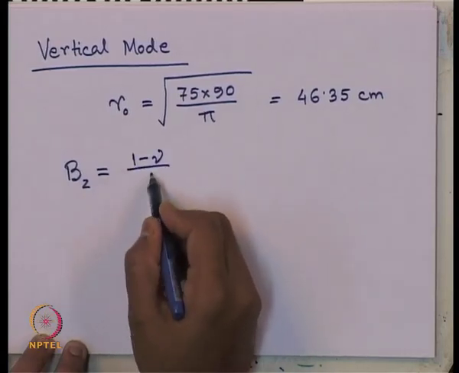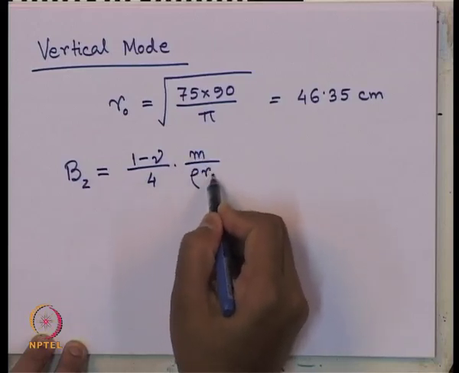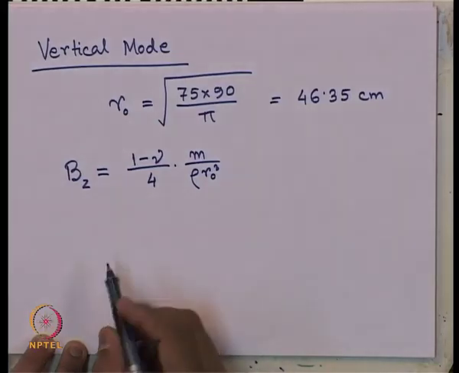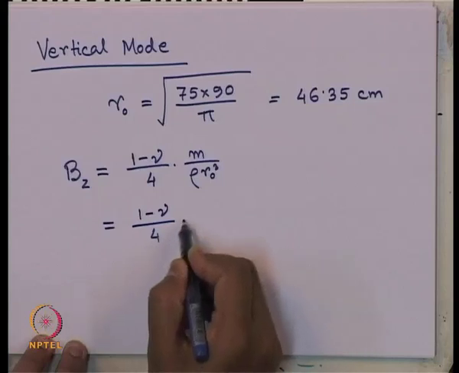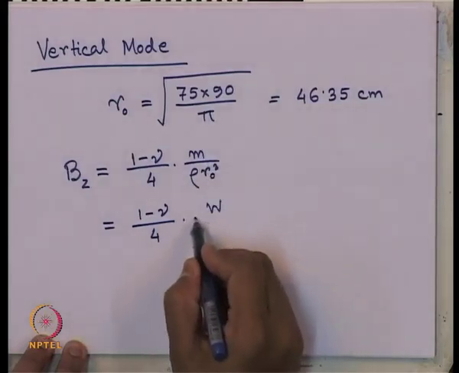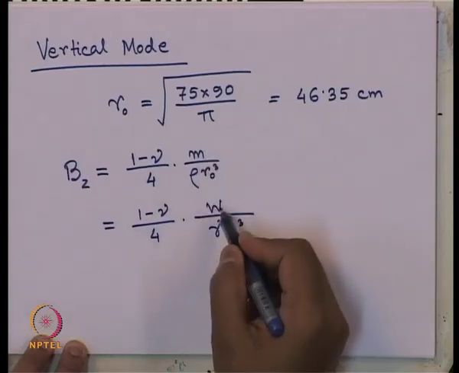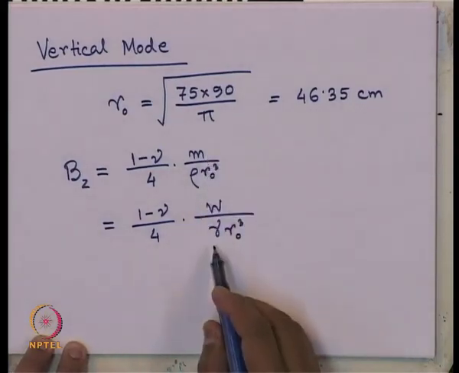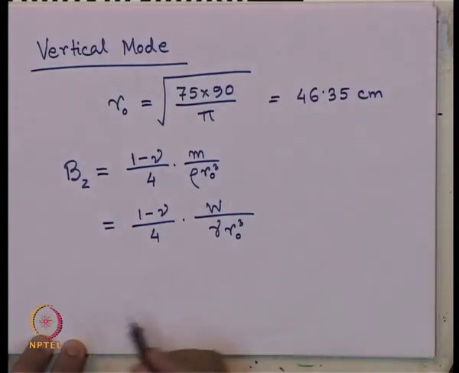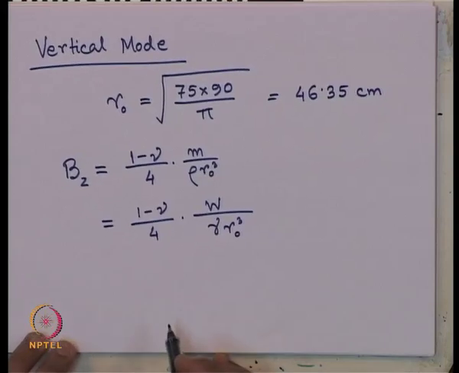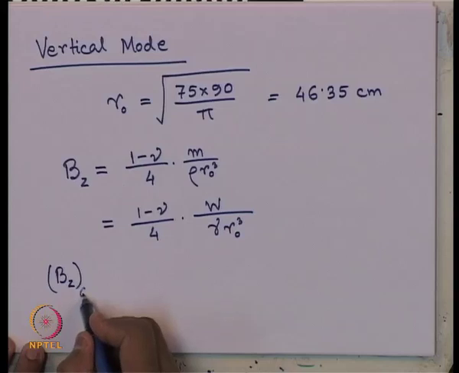The expression for Bz is given like this, which we can rewrite as: mass to weight we are multiplying by g, here also density to unit weight we are multiplying by g. So, for 3 different types of soil we can get 3 different values of Bz.